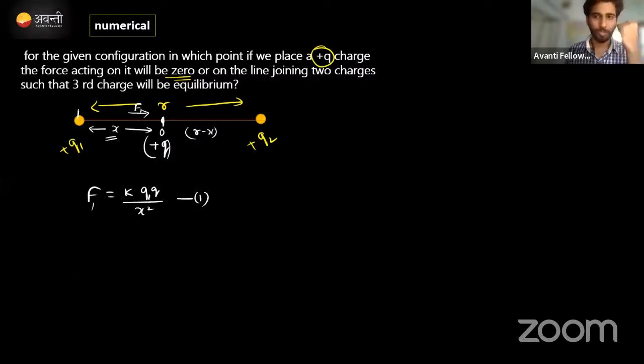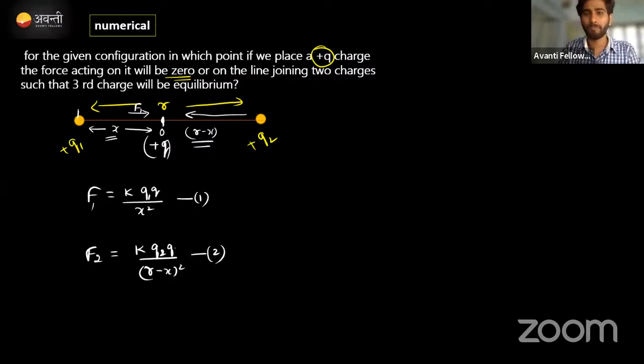And Q2 also applies a force on this charge kept on the line joining the points, in the opposite direction. So F2 is equal to K Q2 Q divided by the distance between them, which is R minus X, whole square. I will call this equation number 2.